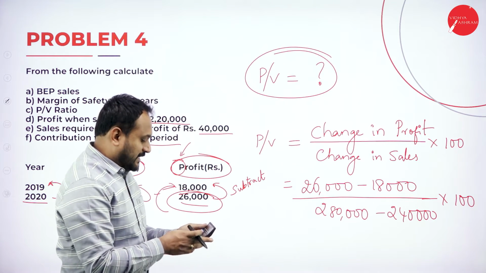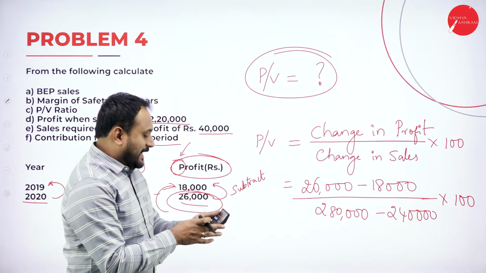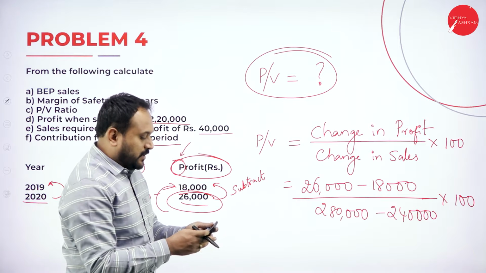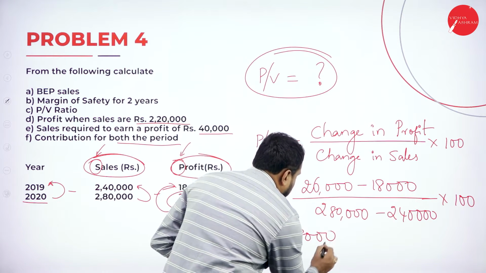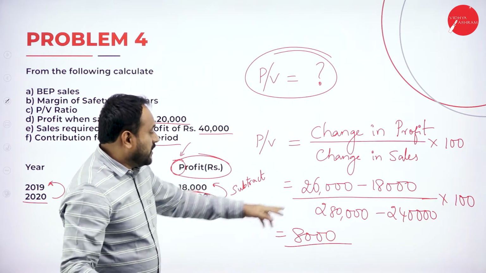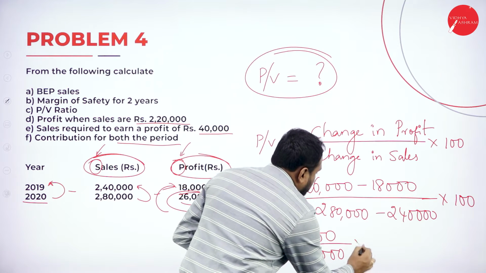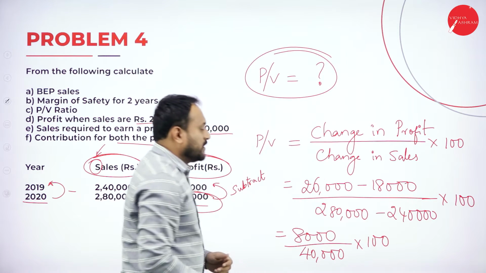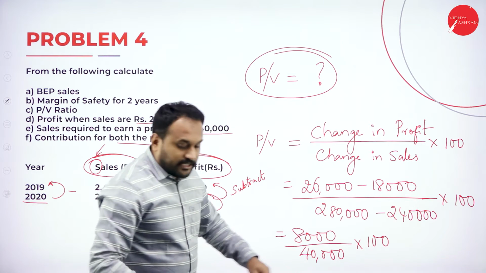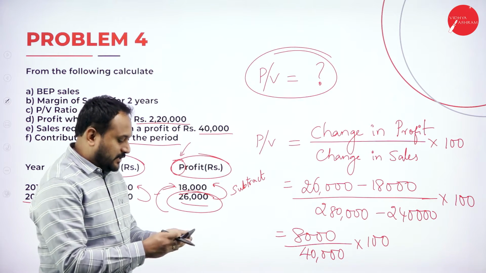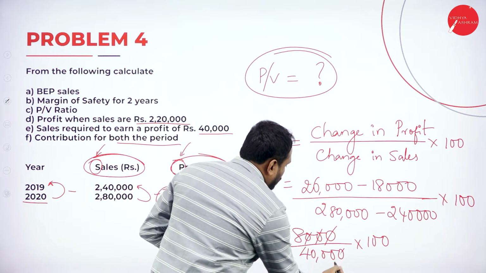Now you have 26,000 minus 18,000, that is 8,000. So we have what? 8,000 divided by, now here if you go, we have 40,000. How much? 40,000 into 100. Now here 8,000 and 40,000 if you go with it, you can go with actually zeros will come. 1, 2, 3, 1, 2, 3.